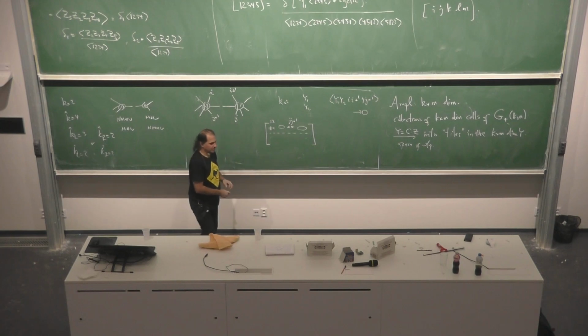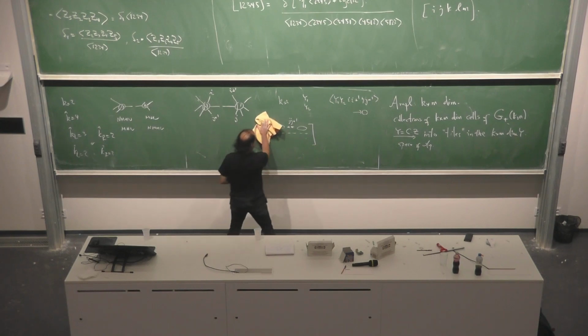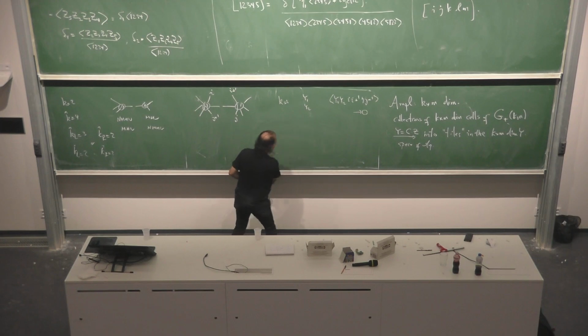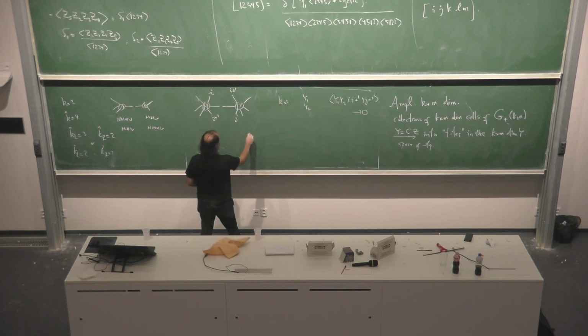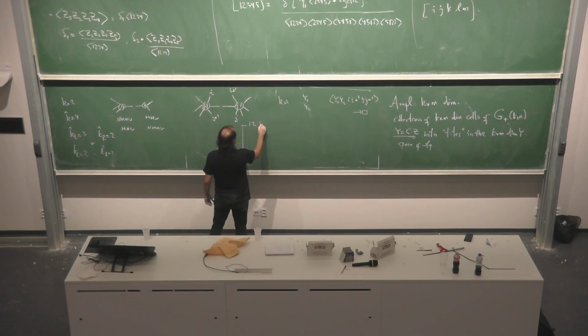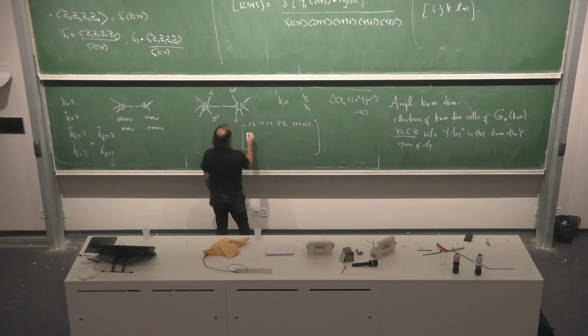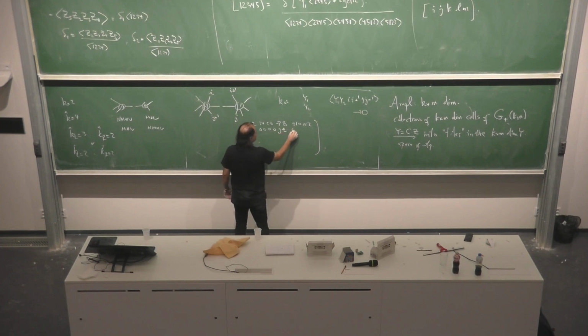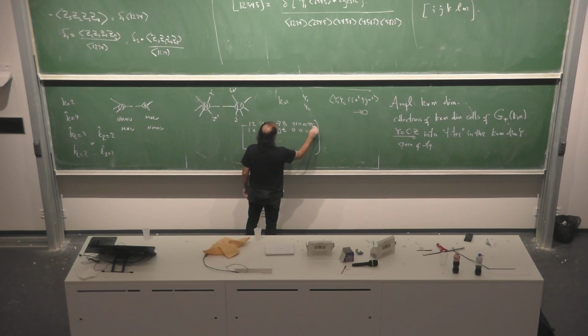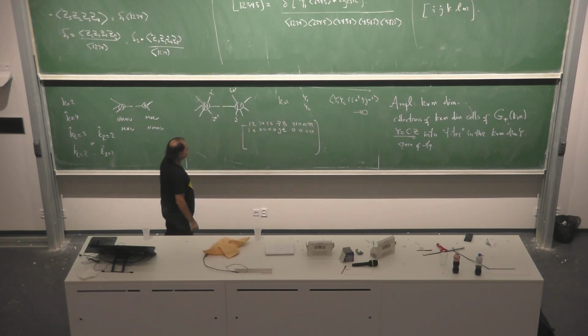Okay? Let me expand this out. So I have 1, 2, 3, 4, 5, 6, 7, 8, 9, 10, 11, 12. Okay. So I'm going to put this to be 1, x, I don't know what it is, and these are a bunch of zeros. And then y, z, and these are a bunch of zeros. Now here's something cool.